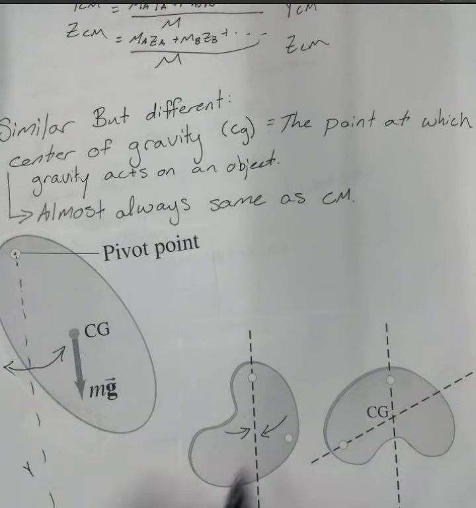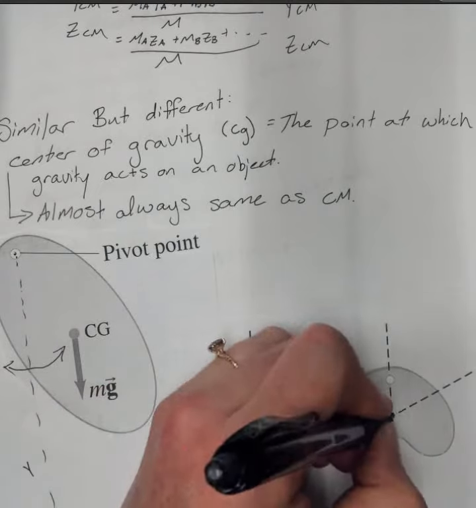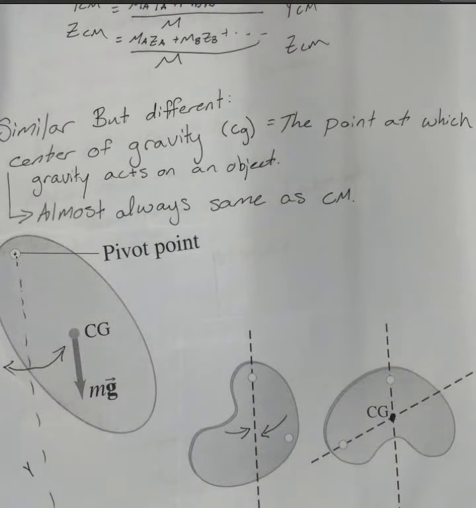Since it's not the same on all sides, you're going to need a second pivot point to suspend it from, and that center of gravity is going to be located at the connecting point between the 2 axes where the pivot point has been hung. And as the object gets more asymmetrical in another dimension, you're going to need a 3rd pivot point to find it. But for all calculating purposes, you can calculate the center of gravity and assume that it's going to be the same as the center of mass.